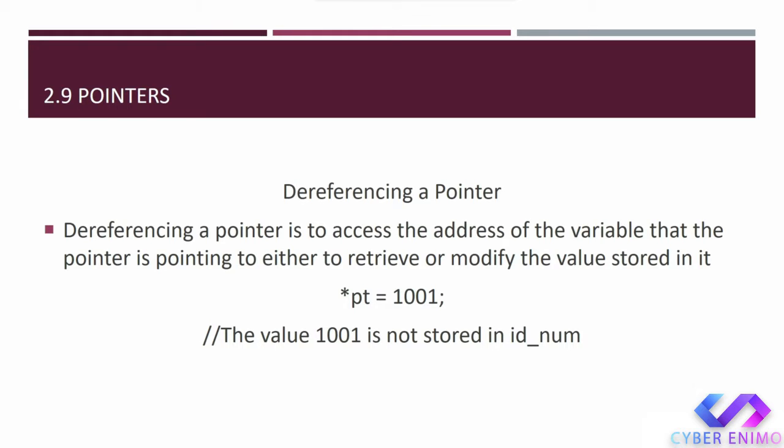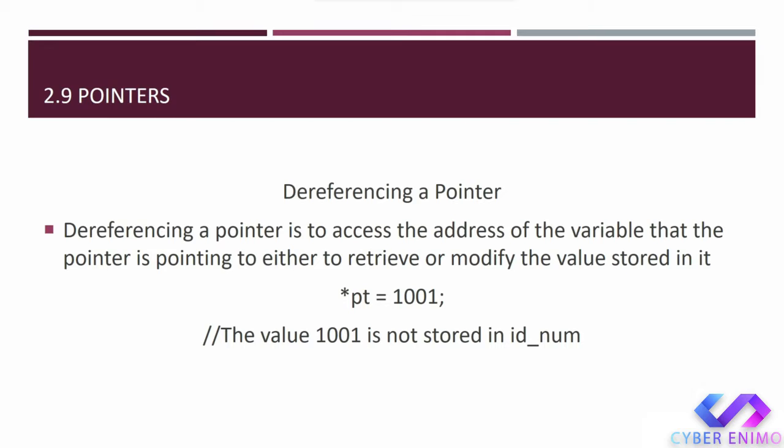If we would like to access that address, either to fetch the value stored in it or to store a value in that address, we have to dereference that pointer. To dereference that pointer simply means to access the value or to manipulate the value stored in the address that the pointer is pointing to.